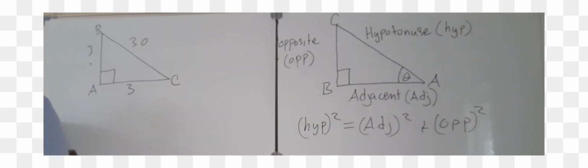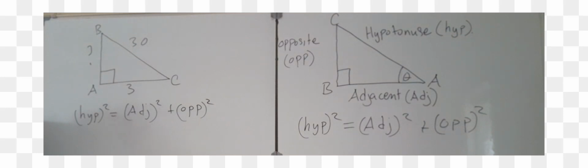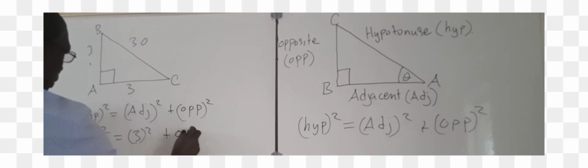Once again, we quote our theorem. So HYP squared is equal to ADJ, the adjacent side squared, plus OPP squared. What do we know? HYP is 30, so we have 30 squared. What is ADJ? It's equal to 3 squared. What is this one here? We don't know. So it's OPP squared.